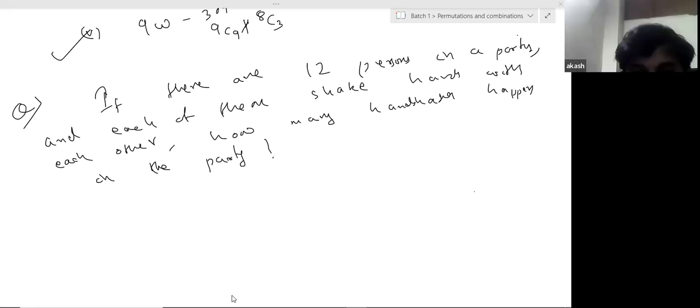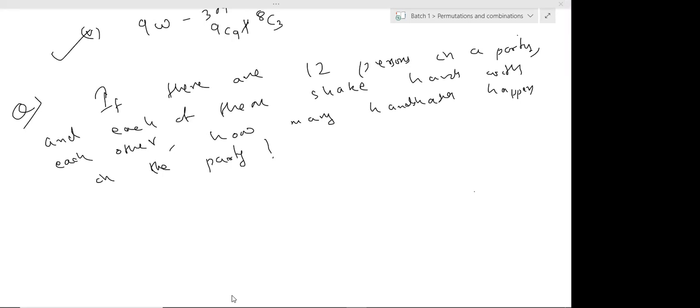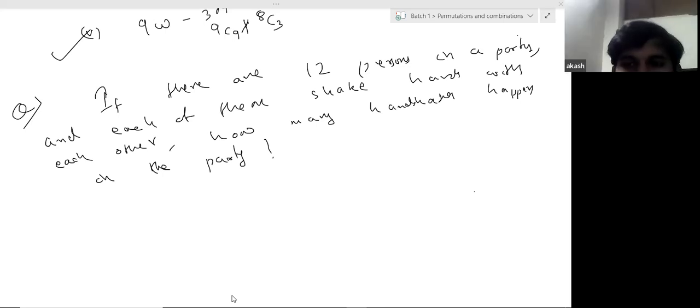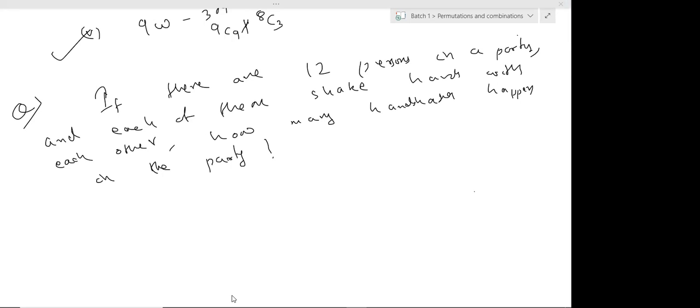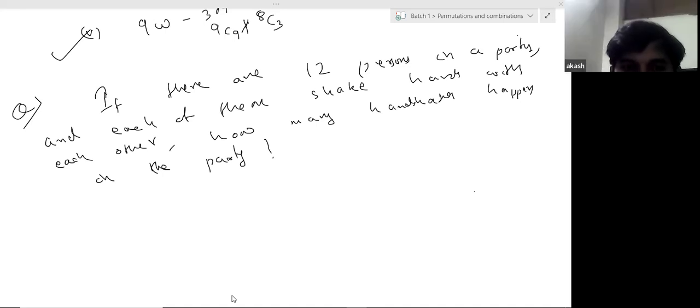So anyone, any ideas? 12C11. Why 11, Shafia? So one person will shake hands with the rest of the persons. But everyone will shake hands with each other, right? Yes, sir. So your thought was in the right direction, you just needed to think a little bit more.